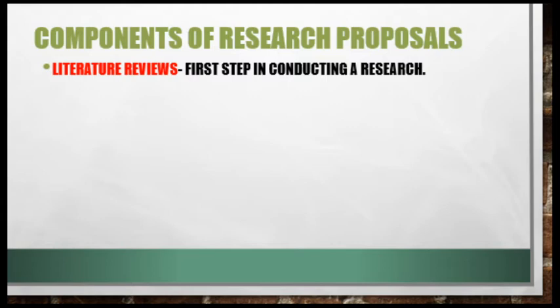Literature here is relevant information about your topic of interest, or what we call the existing body of knowledge about a certain topic. It could be in the form of articles, books, or journals, other information or reliable information from reliable sources as well. Now let's proceed. Literature review has two purposes.